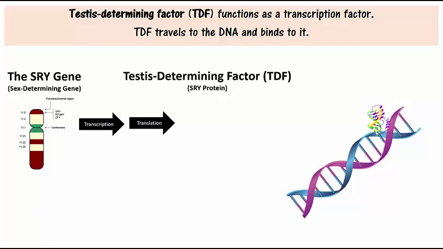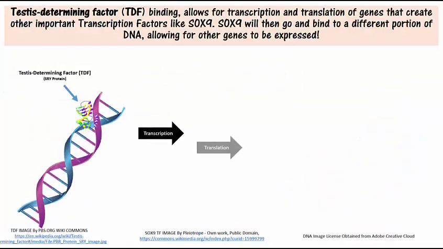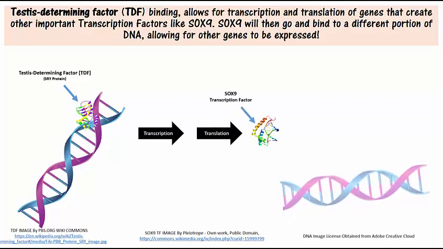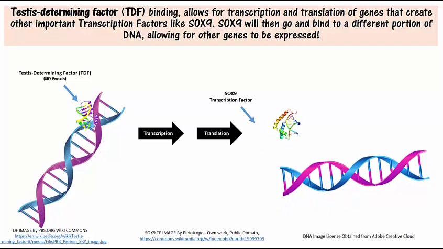TDF binding allows for transcription and translation of genes that create other important transcription factors like SOX9. SOX9 then will go and bind to a different portion of DNA, allowing for other genes to be expressed. So this causes a whole cascade of events.